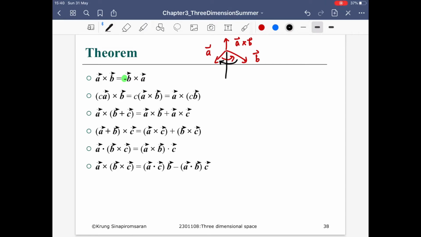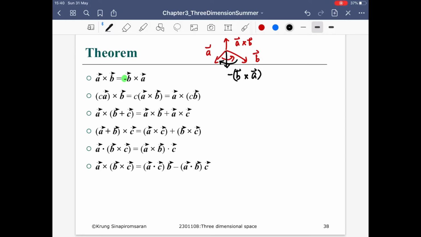So your right hand will go down like this, so this is your B cross A. Let me just draw it the same length, sorry, so they are about the same length, but the directions are different, pointing in different directions.